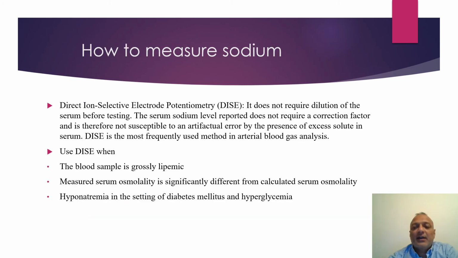Now we understand the concept of sodium management during therapy for diabetic ketoacidosis. In summary, if the patient has hypernatremia at the beginning of DKA treatment, or if patient develops hypernatremia during the course of DKA treatment, we need to alter the fluid therapy.